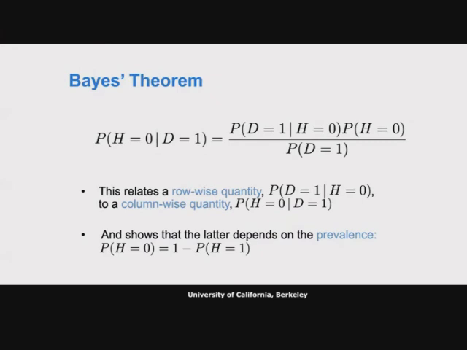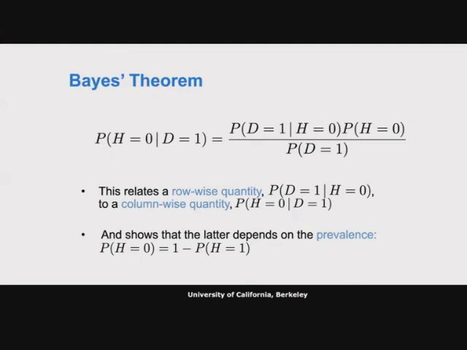That says that you're in the second column, the D equals 1 column, all right? And you want to know, given that you're in that column, what's the probability that you're in the upper right-hand corner? The probability that you're making a false positive, but now relative to all those cases where you made a positive decision.